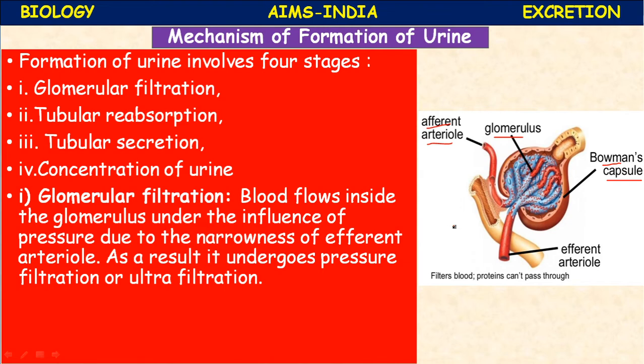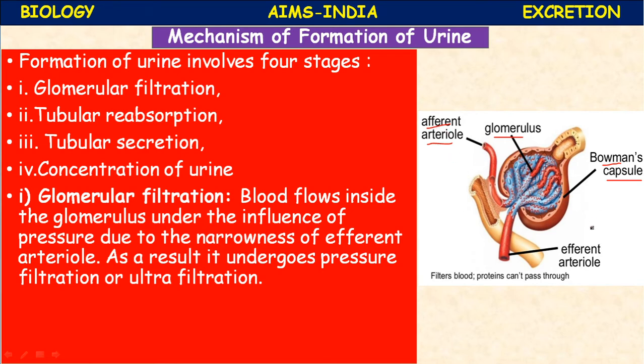Which arteriole has more diameter, afferent or efferent? Okay, afferent arteriole has a more diameter compared to efferent, because more pressure is required for this filtration. So for this filtration, the pressure required is provided by the narrowness of this efferent arteriole.